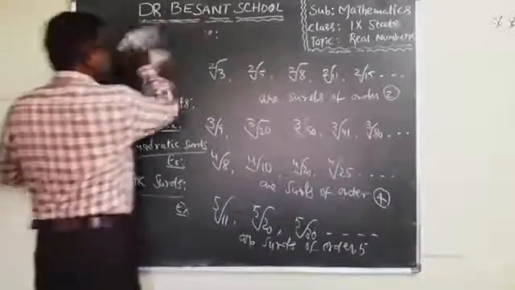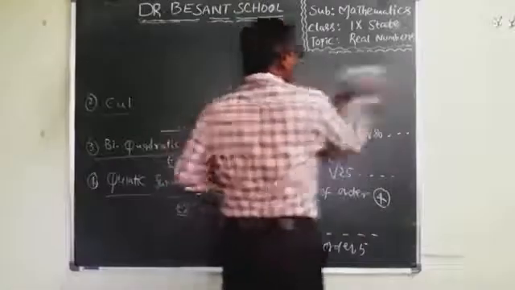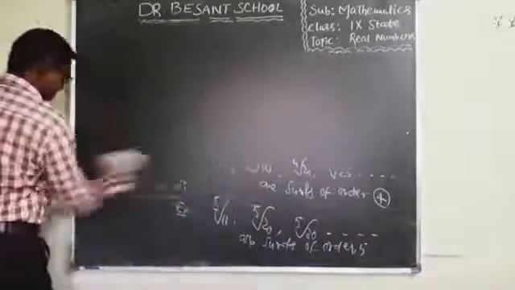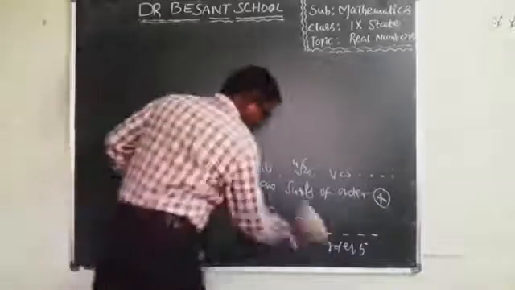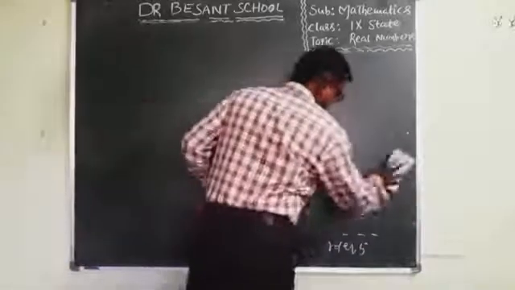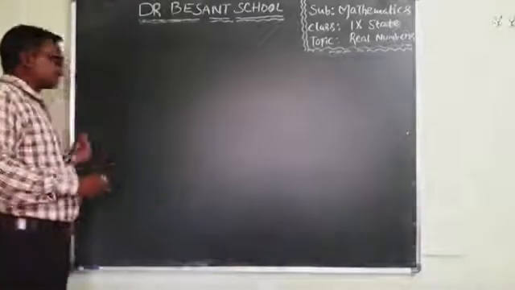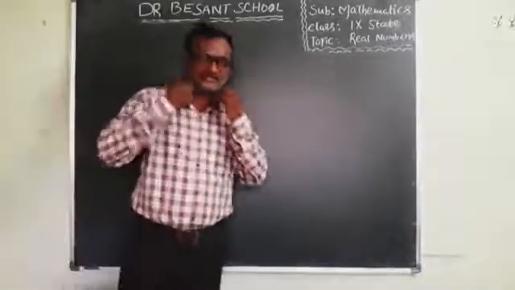Okay, children. So we have discussed till now what is a surd and what are the types of surds according to order. Now we are going to discuss types of surds according to number of terms in it.